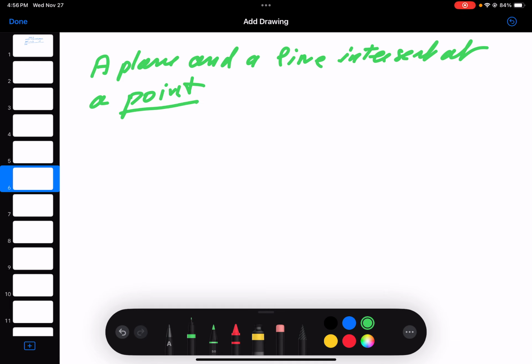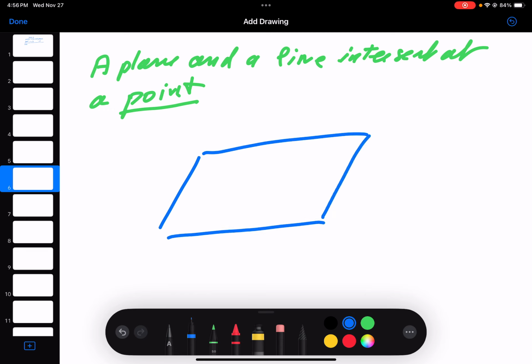Okay, so let's draw it again. We have plane M and we'll have a line that comes out of it, and that keeps on going.